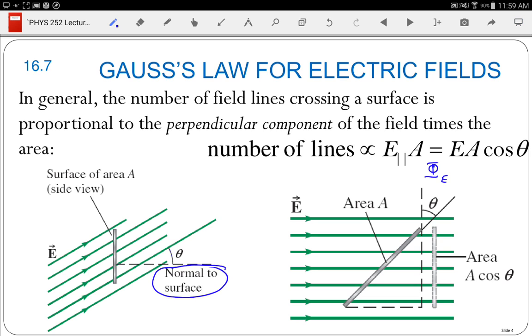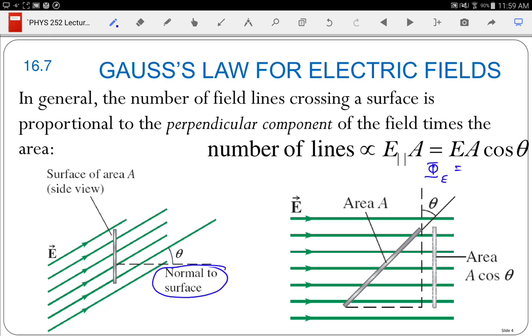Usually we don't put the subscript here, but when we get to magnetic, we say, okay, we have a new flux, better put a subscript on it. It is equal to the electric field times the area times cosine of the angle in between.